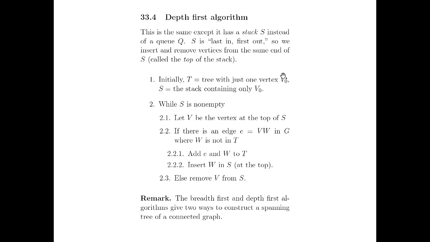Okay. So, exactly the same. We start with just one vertex, our root vertex, we put it in the stack. Now, from the top of the stack, we add an edge to an adjacent vertex, if one exists, and then we add it to our stack at the top.